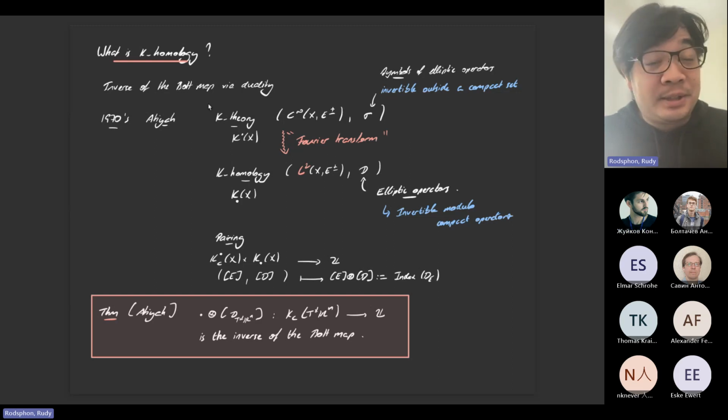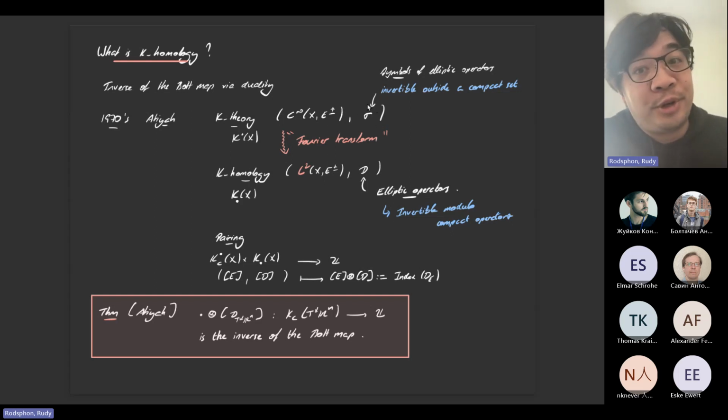So the idea is this. Basically you have K theory, which is triples like we said before, and an operator acting on sections of the bundle. But now, if you think about these endomorphisms that you have here as symbols of elliptic operators, then you may consider their Fourier transforms instead, and then you get the actual operator.